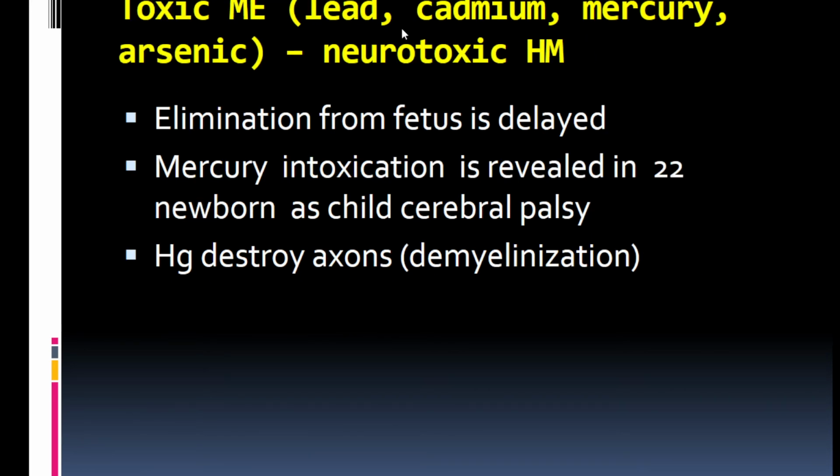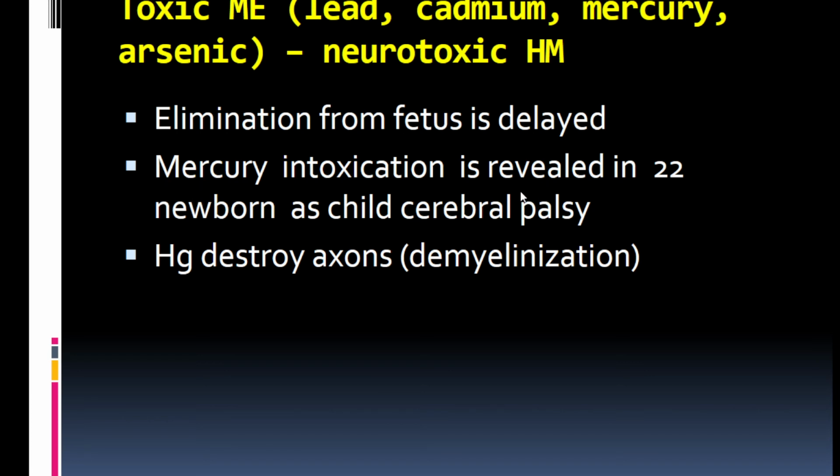Such toxic microelements as lead, cadmium, mercury, arsenic are famous as neurotoxic heavy metals. If pregnant females have a higher concentration of these toxic elements, then elimination from the fetus is delayed.